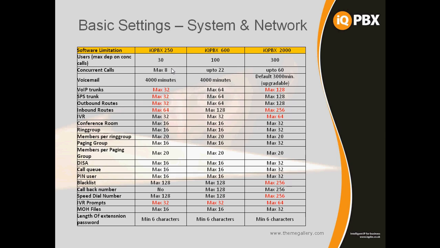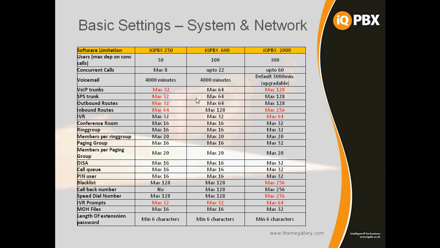Voicemail, we have 4,000 minutes of embedded voicemail in the 250 and 600, and 3,000 minutes in the 2000 on board. The 2000 obviously can have the added SATA hard drive installed inside the system, where we can store more voicemail messages, call recordings, etc. And also we can use an off-box storage medium, which we'll come to a little later on.